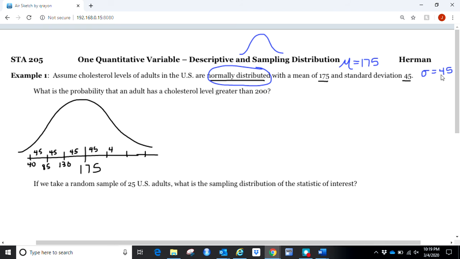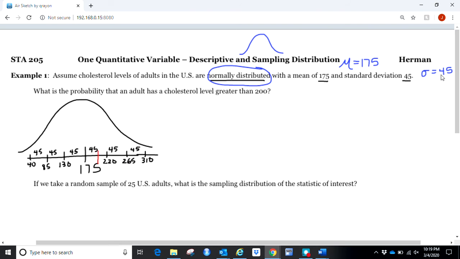And then adding it each time that we go to the right. So we're going to get to 220, 265, and 310.